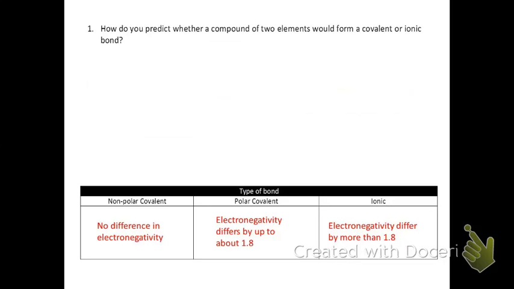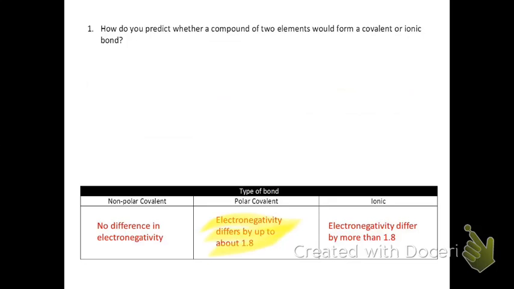If the electronegativity between two atoms differs, so we have to subtract the electronegative values between two atoms that are being bonded, if they differ by up to 1.8, then it will at least be a covalent bond.